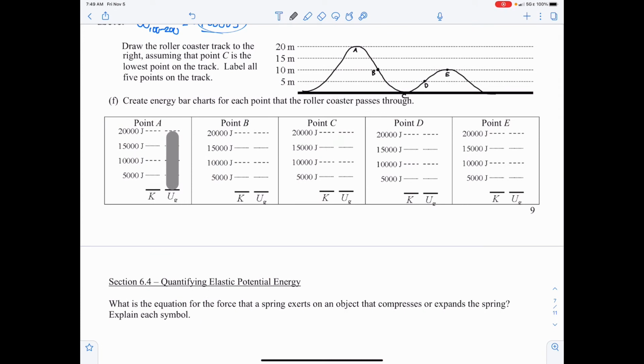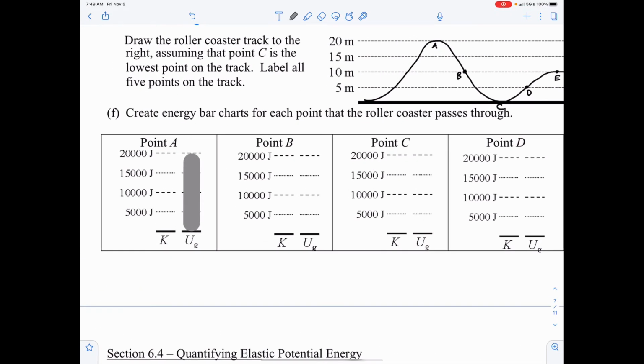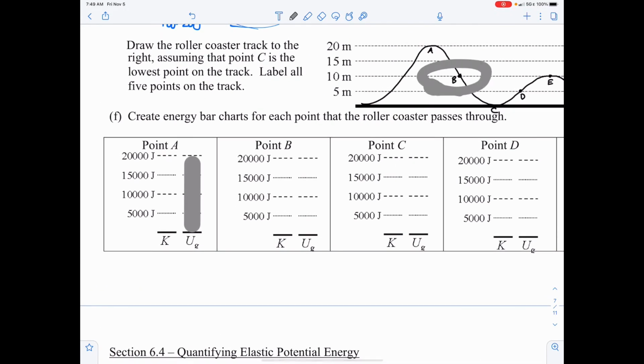It's half of the triangular region. So point B is the halfway point on the curve right here. And that would be a point where the potential energy has decreased by half, and the kinetic energy essentially equals that same amount. The total must equal 20,000 joules for total mechanical energy to be conserved.